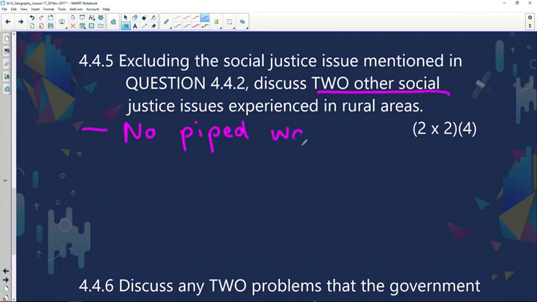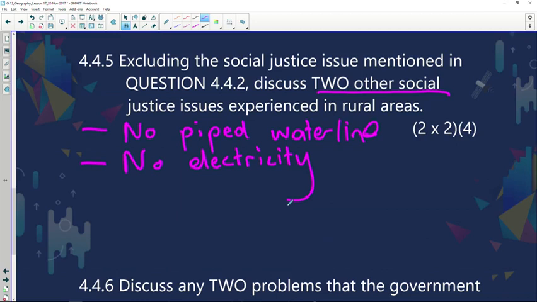For instance, the first one, they still collect water from one single tap, and that's no piped water line. The next one, they collected firewood. Why do they collect firewood? To stay warm or to cook their food, because there's no electricity.